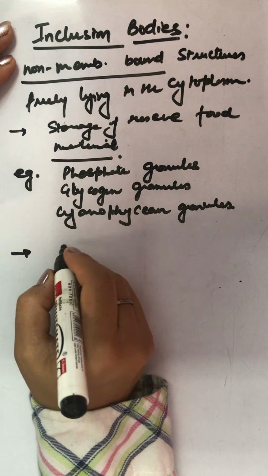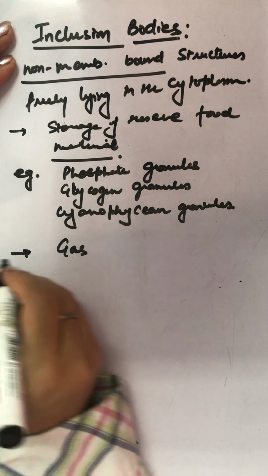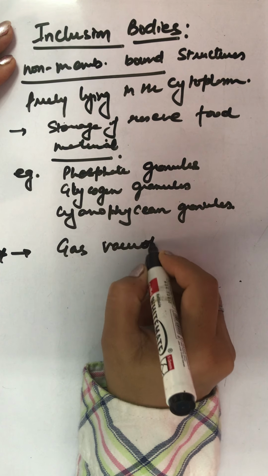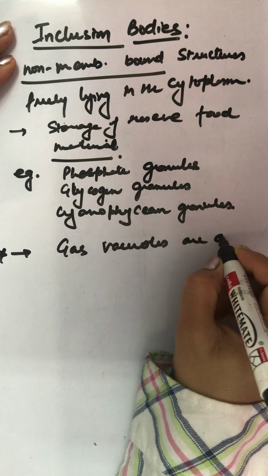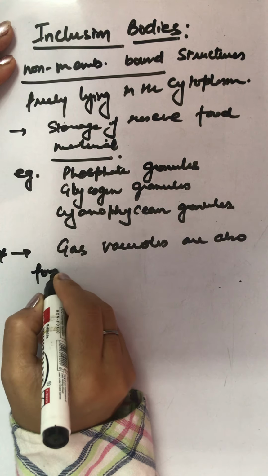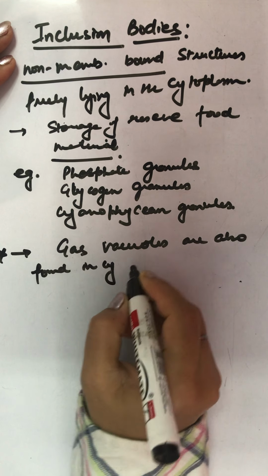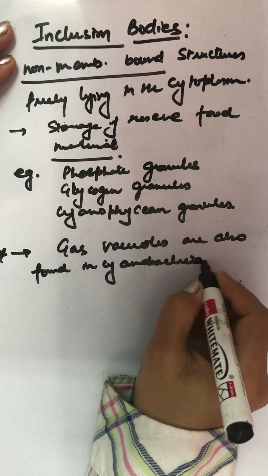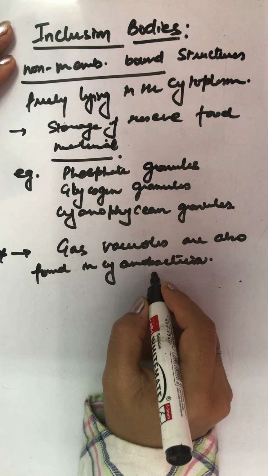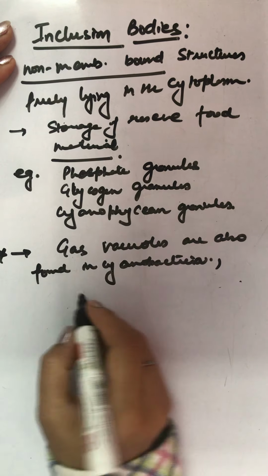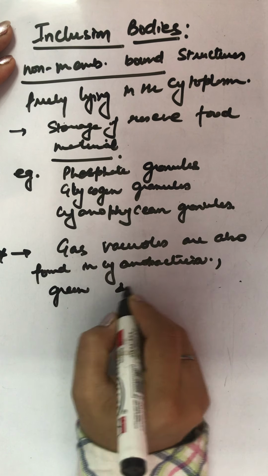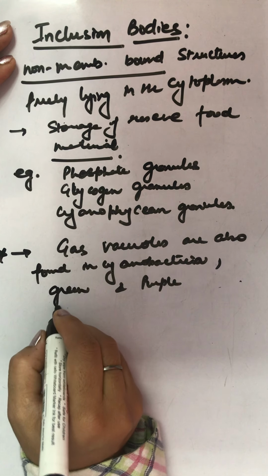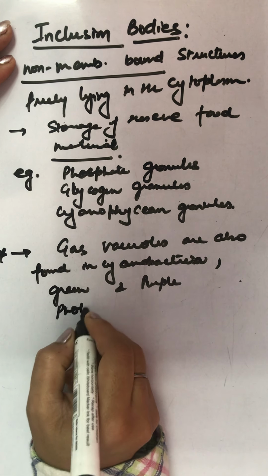And another important thing, gas vacuoles are also found in cyanobacteria, which is known as blue-green bacteria, and green and purple photosynthetic bacteria too.